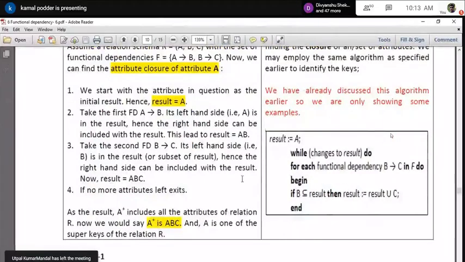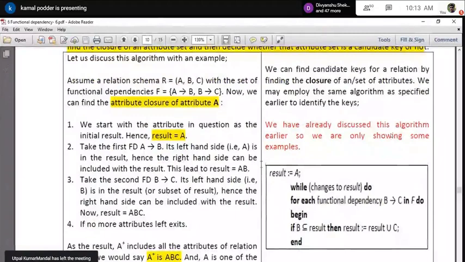So there is no need for considering any other FD if it was there. In this case, for simplicity, I have started with only two. As soon as I got the result ABC, that means the closure of A contains ABC.